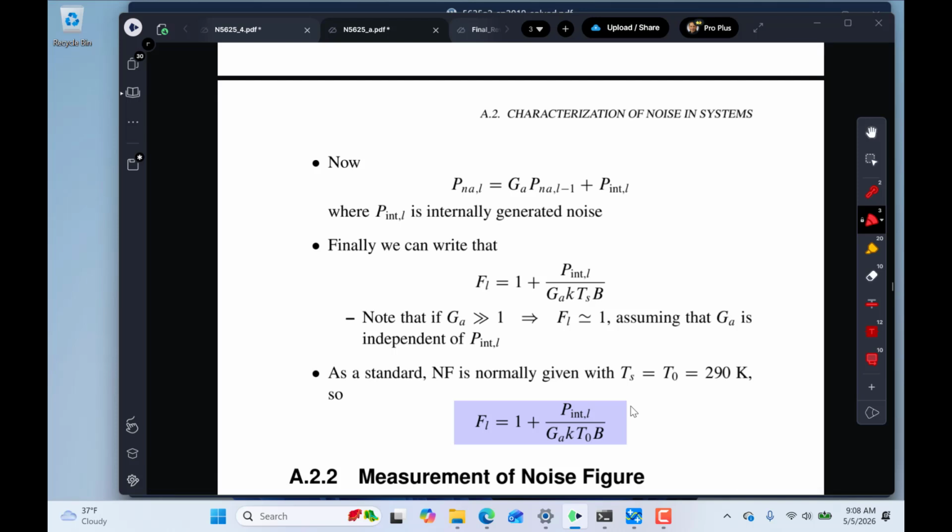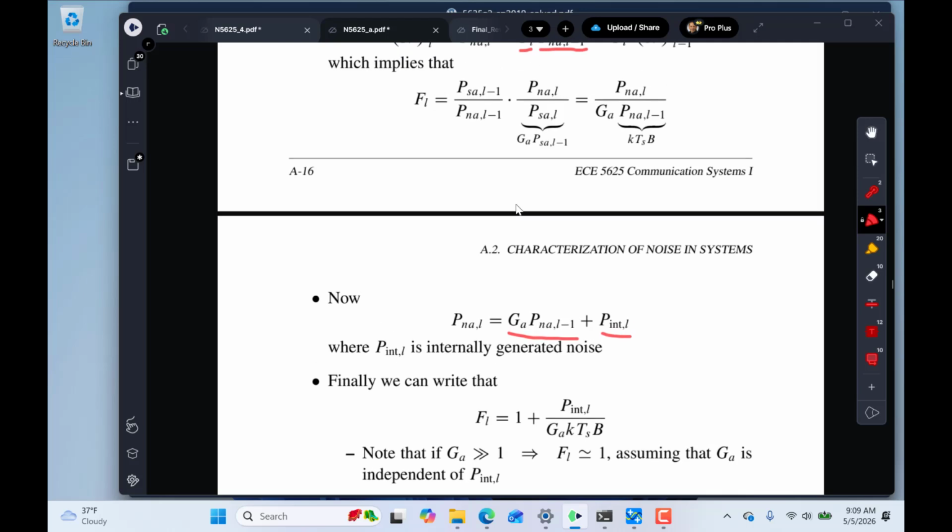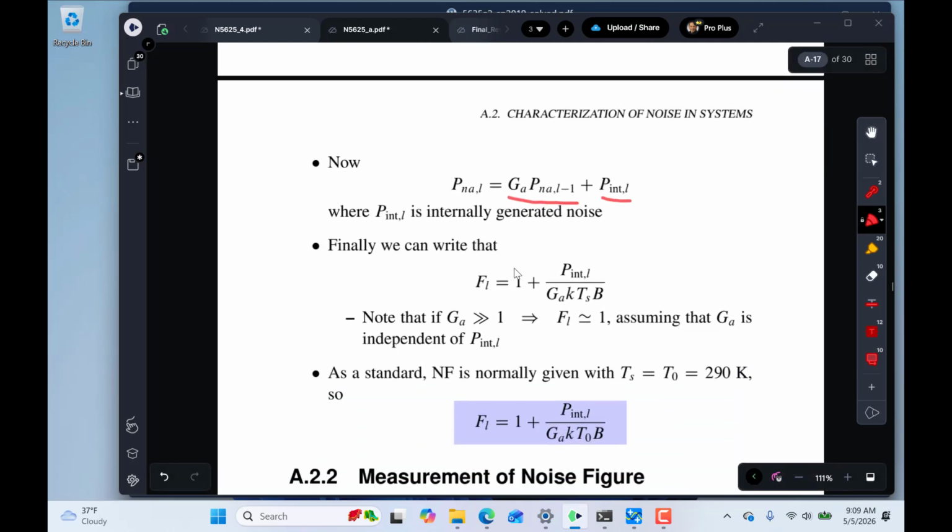So we can break it apart into two pieces and say it's going to be the noise figure, or the internal noise, plus the noise at the input times the gain, and that will be the noise available. So that's the other equation that you can write out to say what this P_AN is.